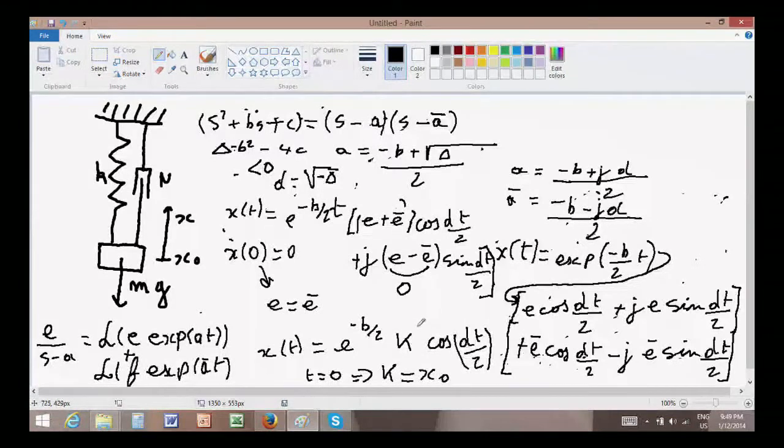Now, to truly understand this system and to link it with real life, we need to link our system to the variables b and d.